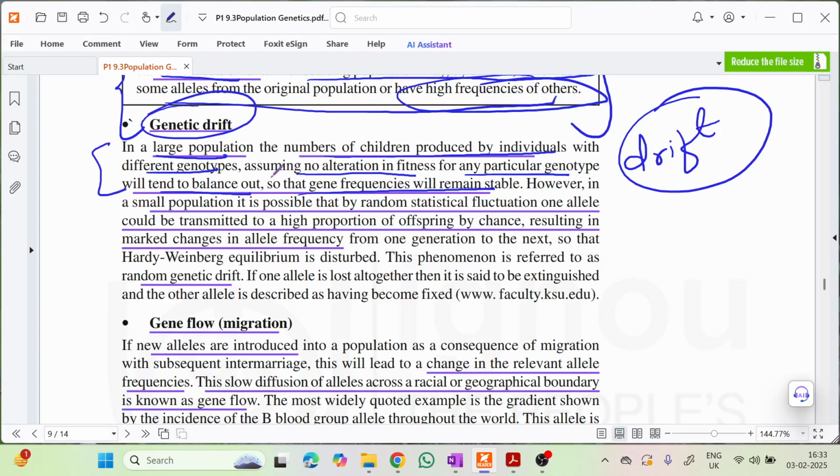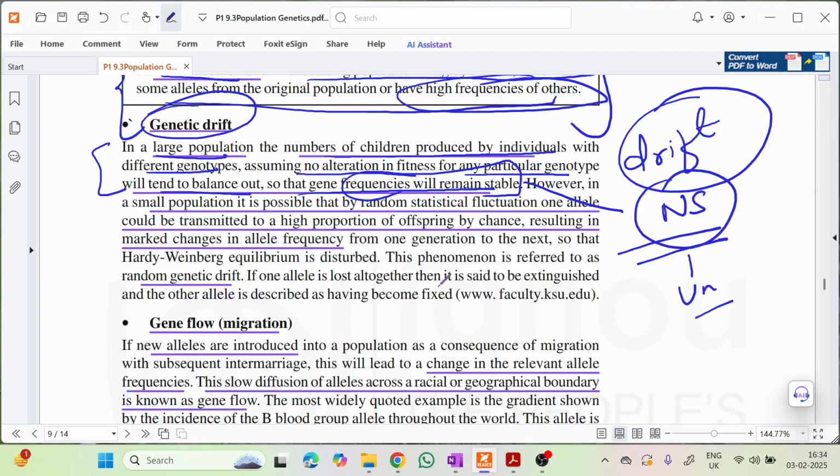Large population is being discussed here: if the population size is large, then whatever different genotypes and variety there are, ultimately it will become stable as natural selection will act on it to bring in uniformity.